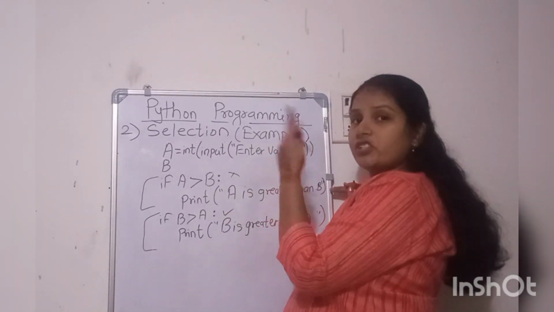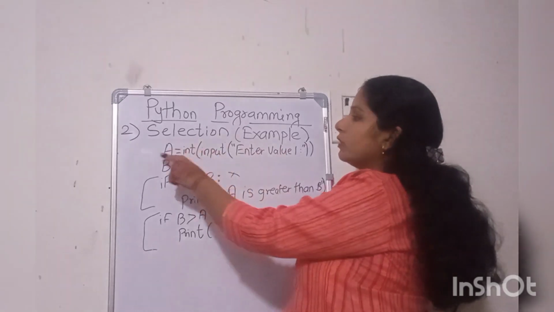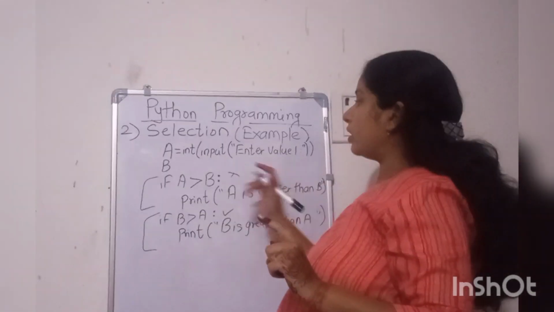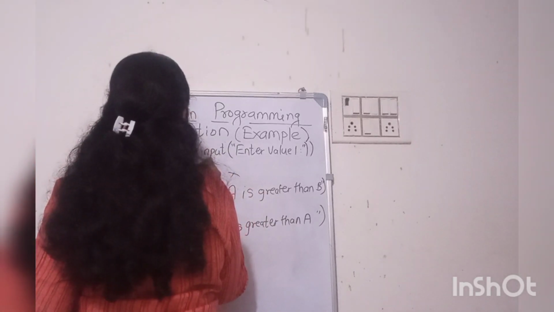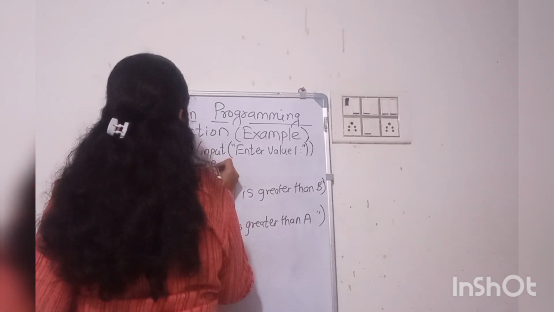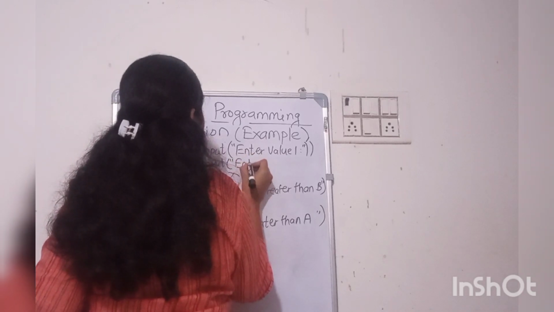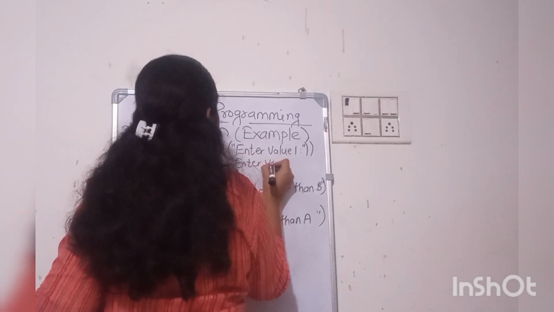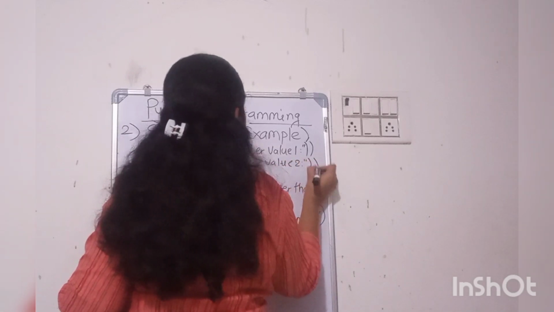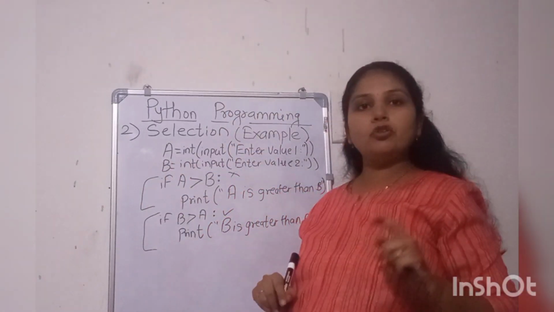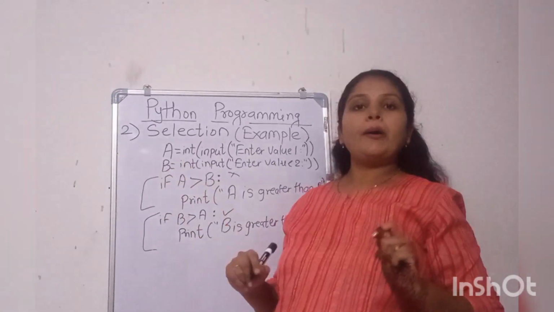Whichever value the user enters will be stored in A. Same thing with B. B is equal to integer input, enter value 2. Here I am taking another value from the user and storing that value in B.